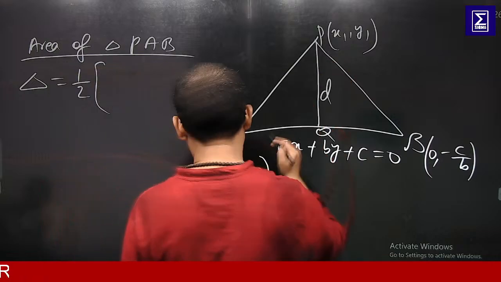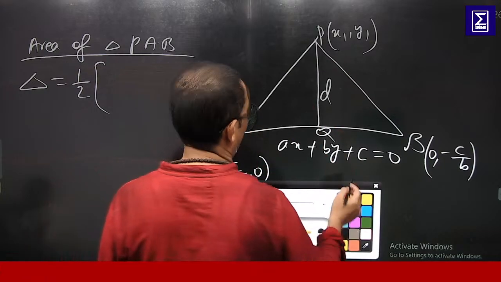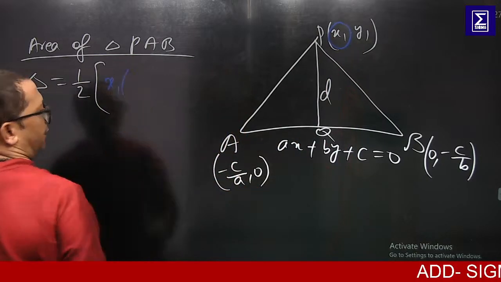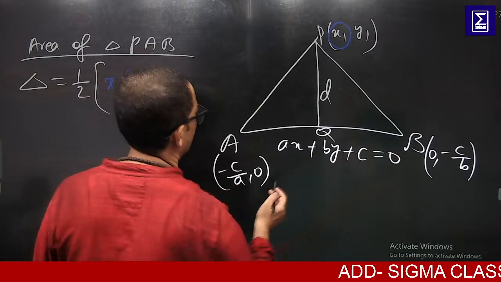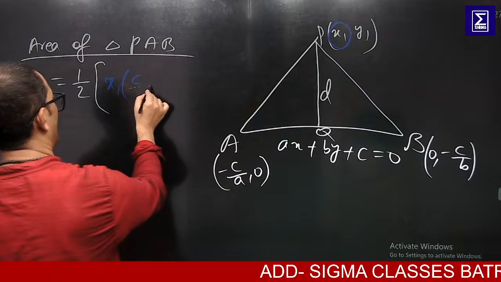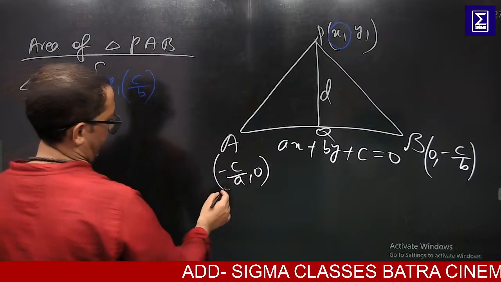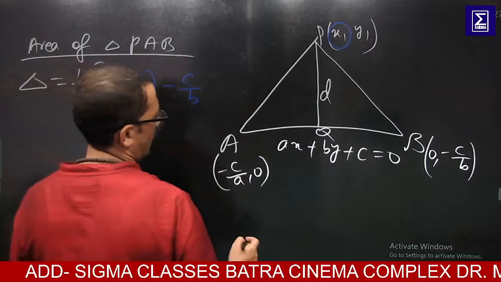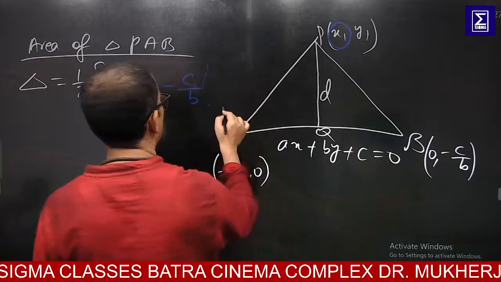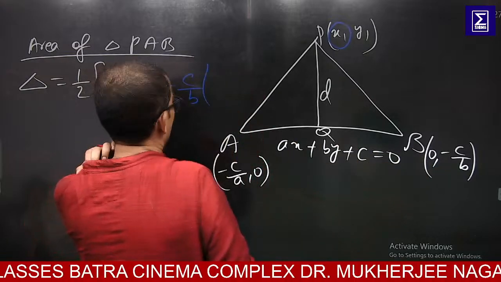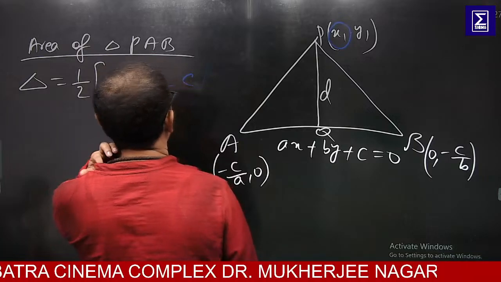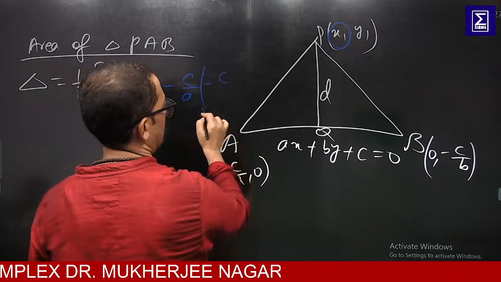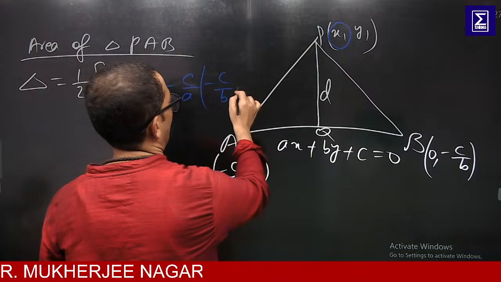x1, within bracket 0 minus c over b, so it would be c over b, and then x2, so minus c over a, and within bracket minus c over b minus y1.